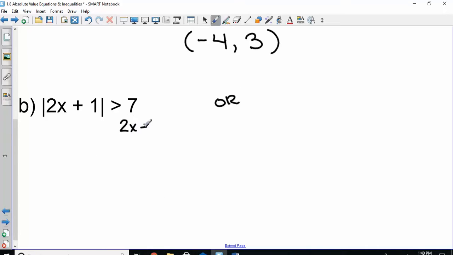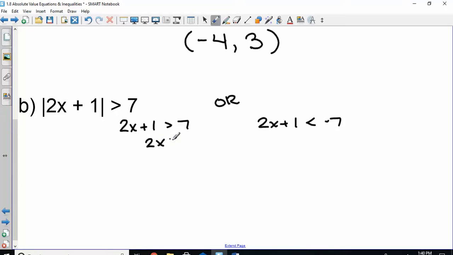The first one, the only thing that changes is you drop your absolute value. The second one, you flip the inequality and make it a negative. So when you do the negative, the inequality flips.